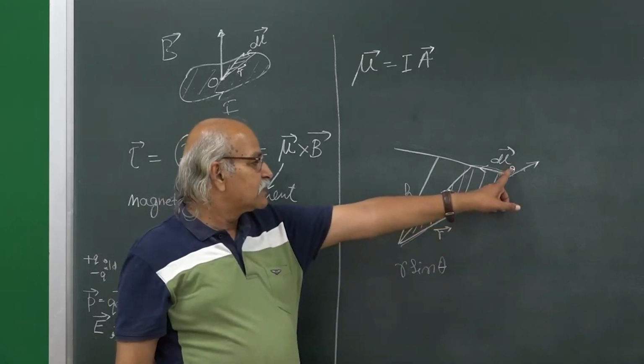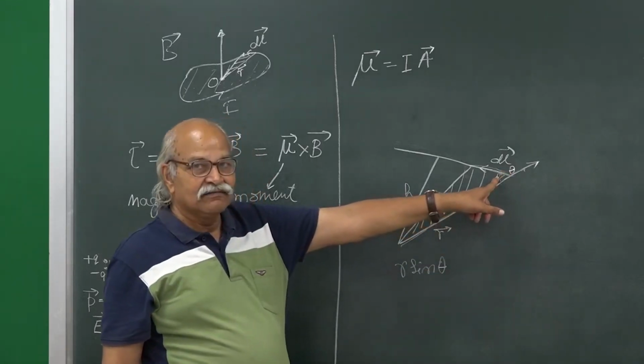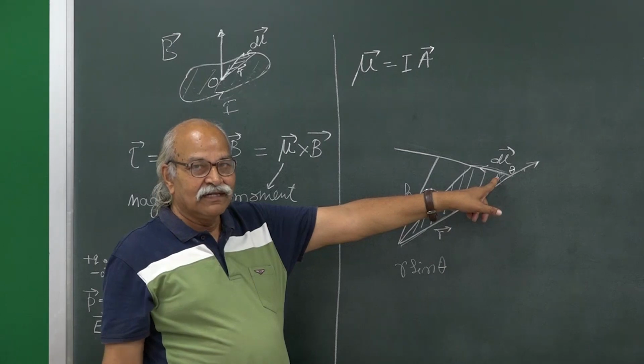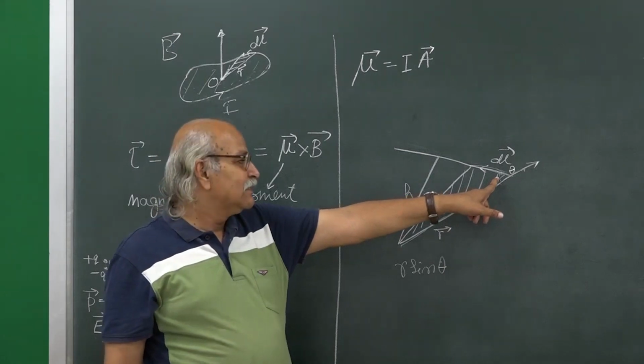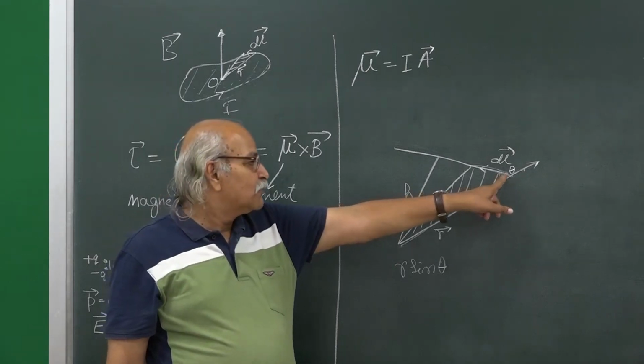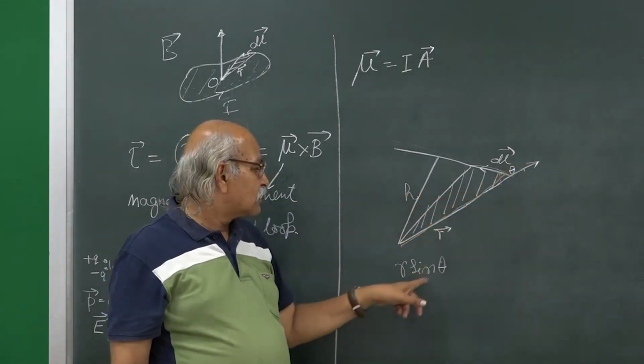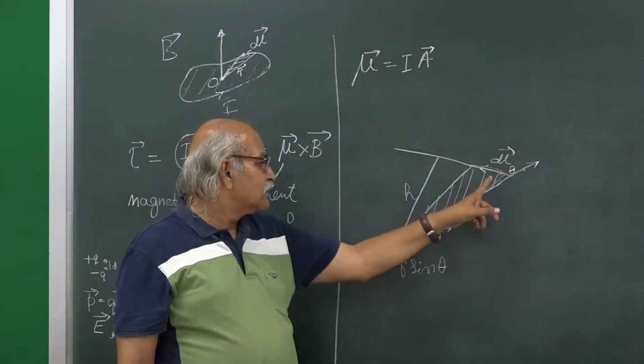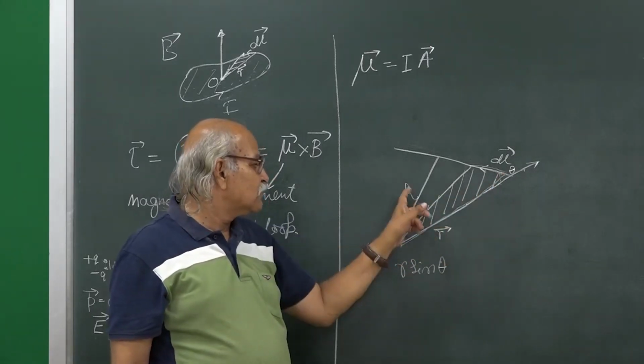Sine of this angle is same as sine of this angle, right? Sine of theta and sine of 180 minus theta, they are same, and therefore you have r sin theta. So, r and then sine theta of this, which is h by r.